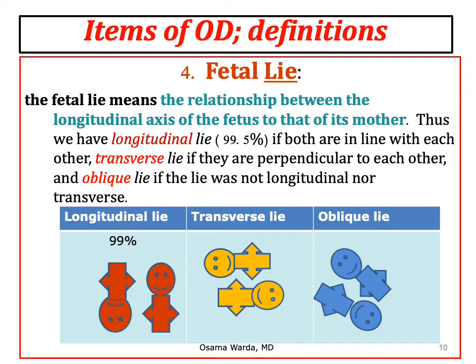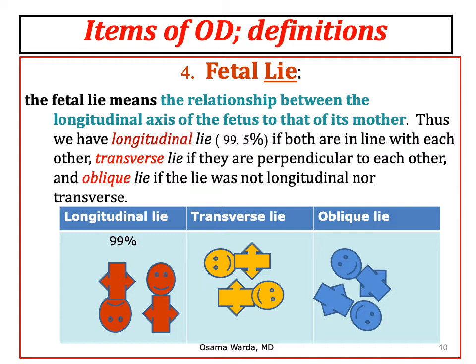If the long axis of the fetus is perpendicular to that of its mother, it is transverse lie. If the long axis of the fetus is in between, not perpendicular and not parallel, it is oblique lie. These are the three possibilities of the fetal lie.